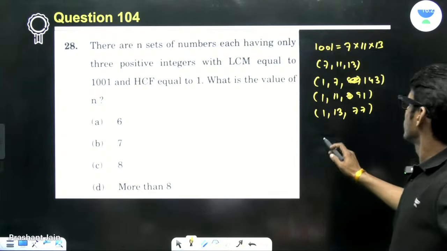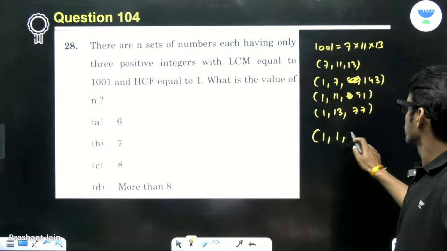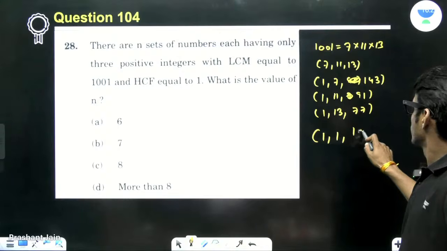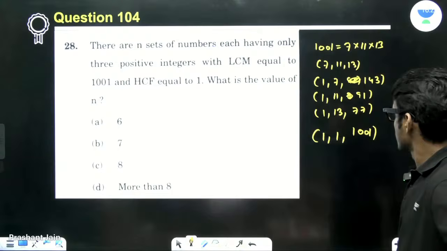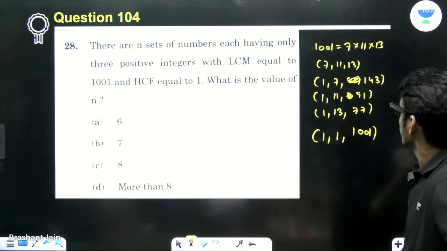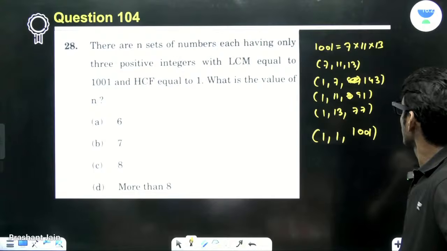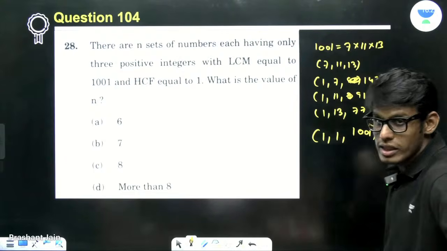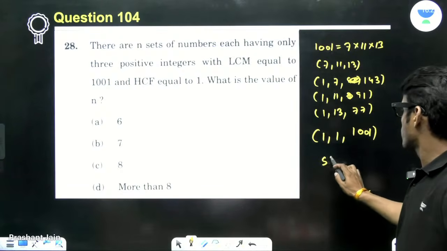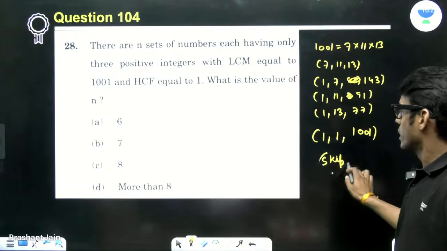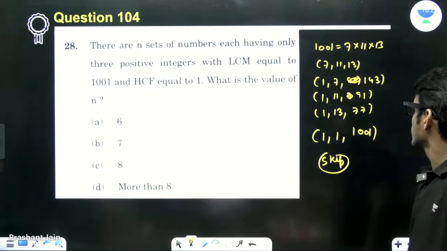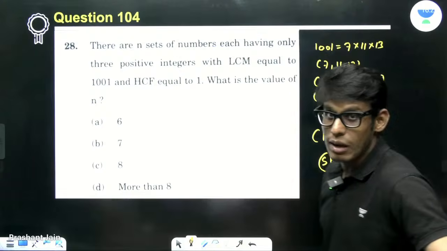I think they are considering it also. Otherwise, there is no way of getting more than 4. 1001 is 7 times 11 times 13. So it becomes a skip problem, like we are not able to find any of the options.